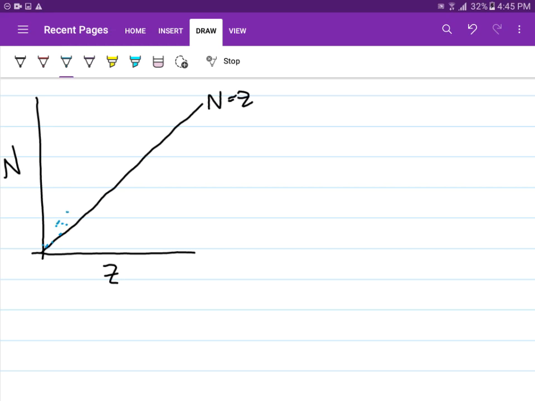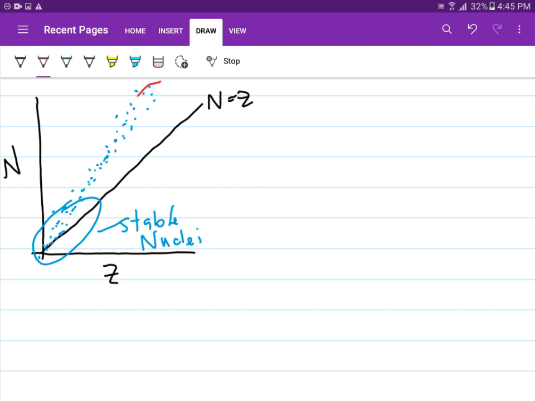So as you go further up the periodic table, we have learned that only in this region we have stable nuclei, and in this region we have unstable ones. Actually, maybe even just this region, where N equals Z. So one thing that the nucleus can do is to reduce its protons and neutrons.